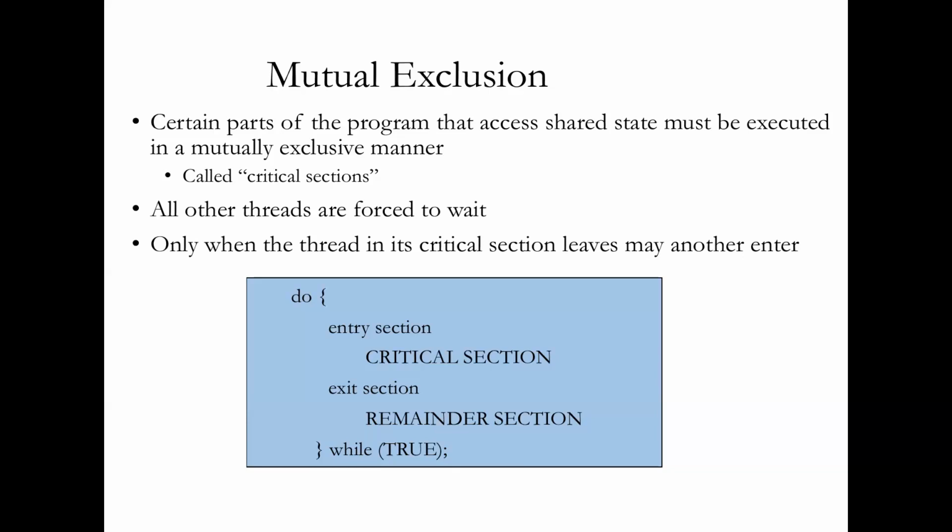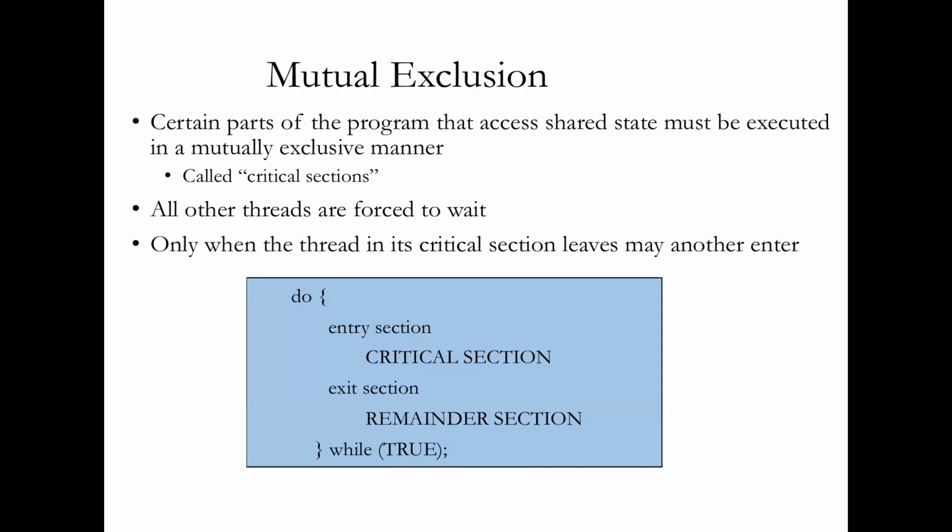Effectively, we will see our program as a collection of sections: an entry section just before the critical section, then an exit section after the critical section, and then maybe the remainder section where you don't care how many threads are running in parallel. Maybe they're doing some computations related to just this thread, and there is no need for any synchronization.